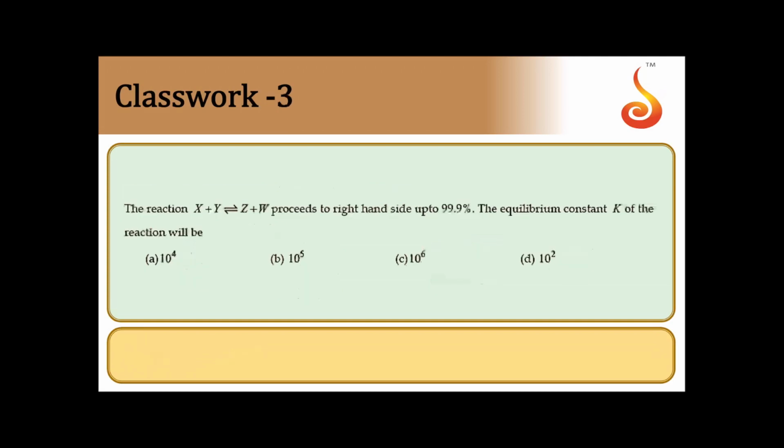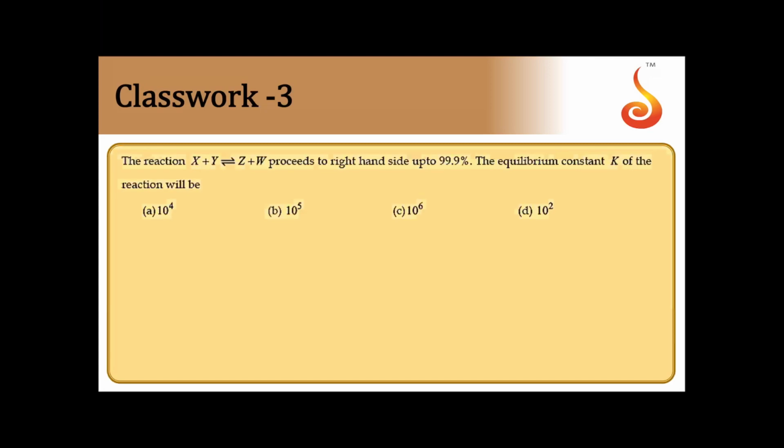Next one. The reaction X plus Y giving Z plus W proceeds to the right hand side up to an extent of 99.9%. The equilibrium constant K is? The extent of 99.9% means only 0.1% will remain.